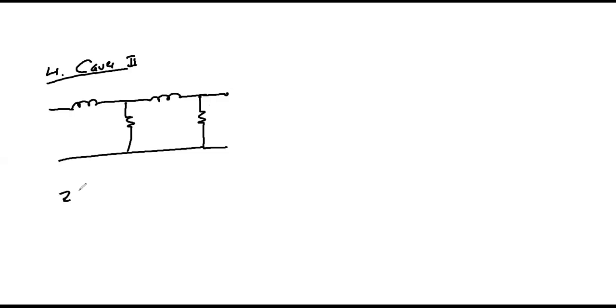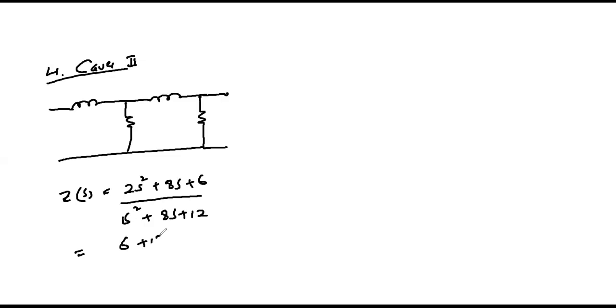So our Z of s was given by 2s squared plus 8s plus 6 divided by s squared plus 8s plus 12, which we can write in ascending powers of s as 6 plus 8s plus 2s squared divided by 12 plus 8s plus s squared.